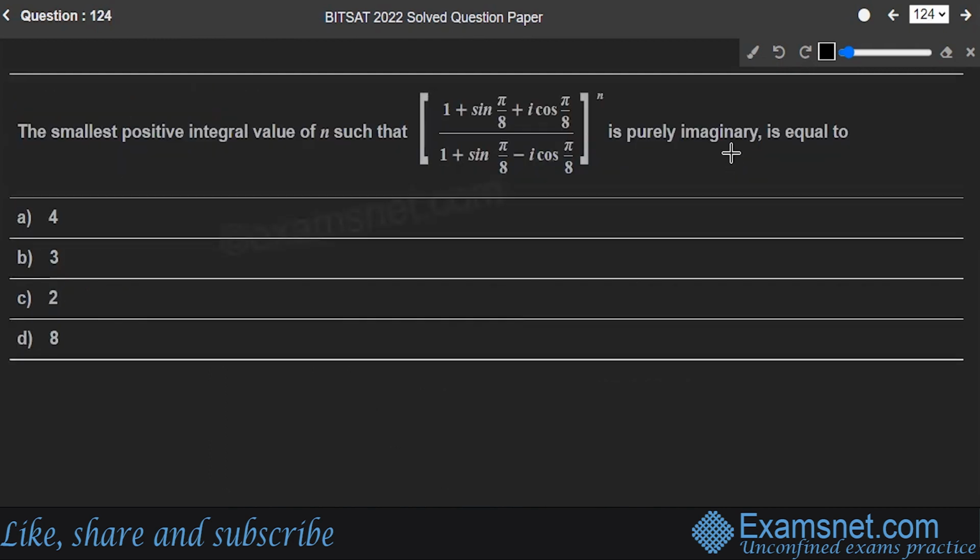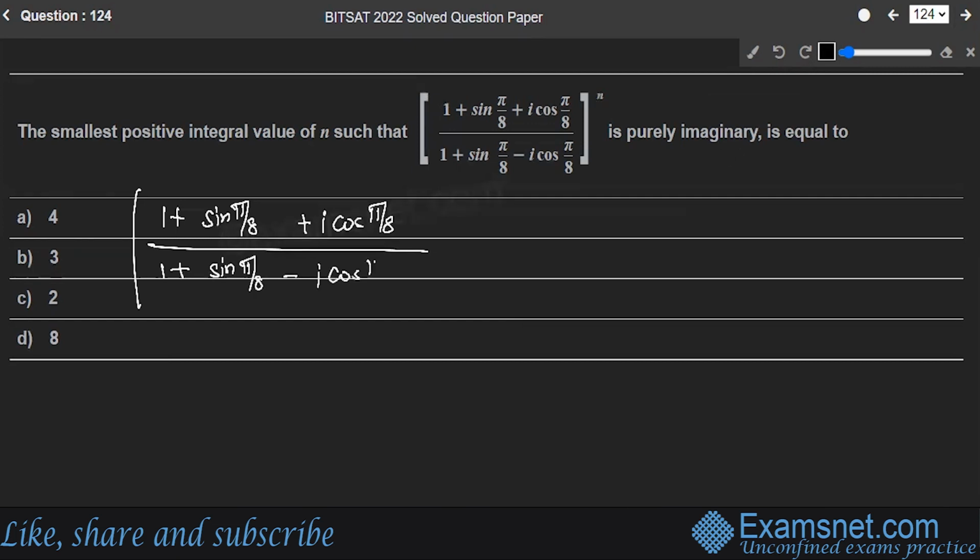The smallest positive integral value of n such that this is purely imaginary. That means the real part is missing, is equal to. Fine. So here you have (1 plus sine pi by 8 plus iota cos pi by 8) whole thing divided by (1 plus sine pi by 8 minus iota cos pi by 8).